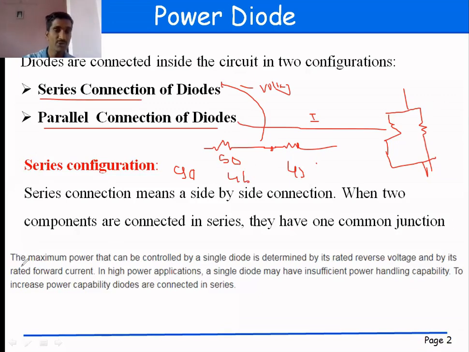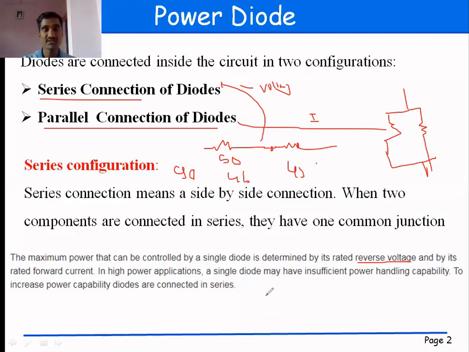In power electronics, the maximum power that can be controlled by a single diode is determined by its rated reverse voltage. That means the voltage handling capacity of a single diode is given by the rated reverse voltage, and it is also rated for current. In high power applications, a single diode may have insufficient power handling capacity.